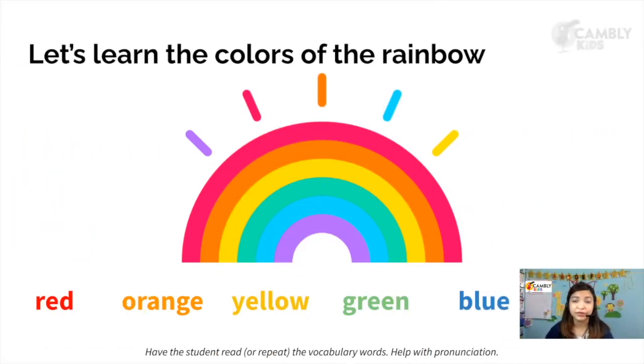So after introducing yourself to your student, you have to introduce the lesson. So this is how it goes. Hello, my name is Teacher Rachel. What's your name? Olivia. Say, my name is Olivia. My name is Olivia. Very good. How are you, Olivia? Are you happy or sad?